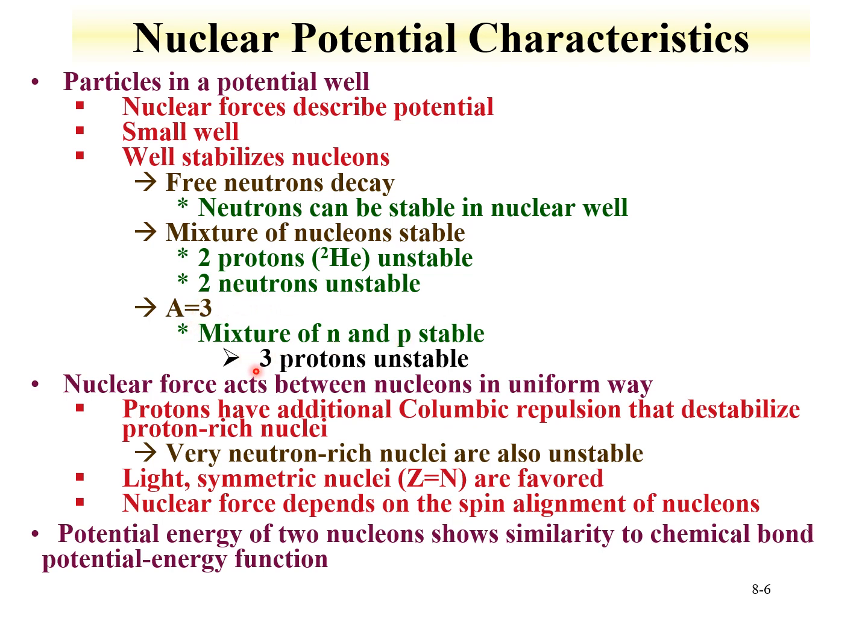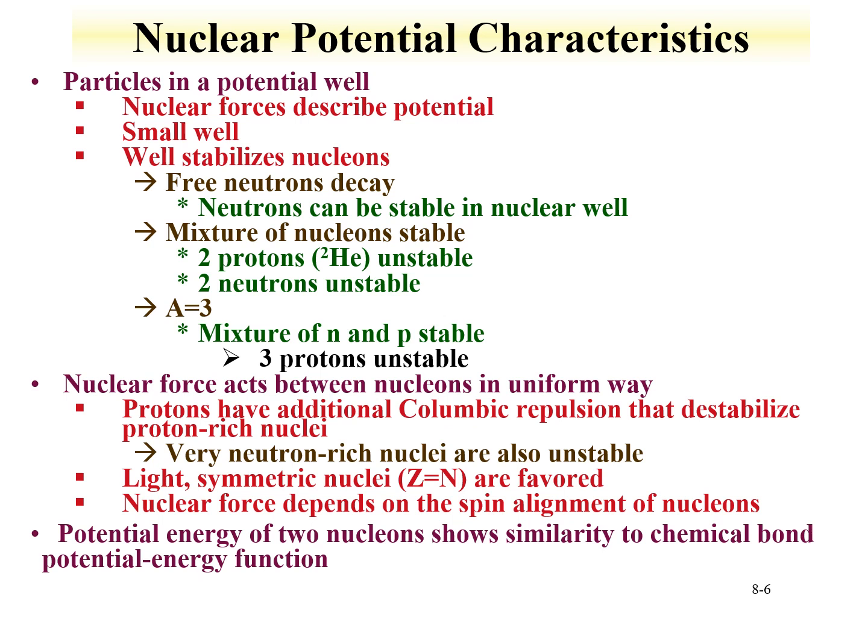However, 3 protons would be unstable. And this nuclear force within this potential acts upon the nucleons in a uniform way. Protons have this Coulomb repulsion that acts to destabilize the nuclei.